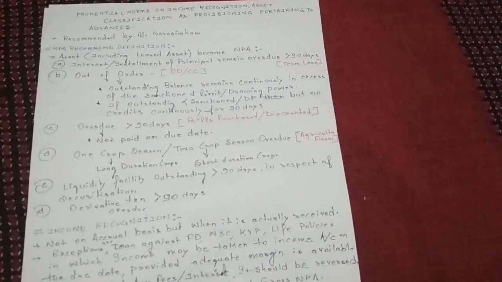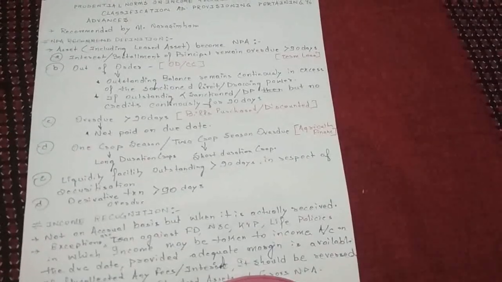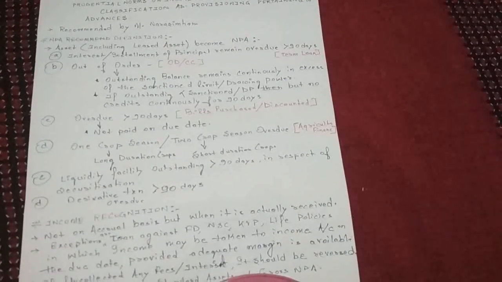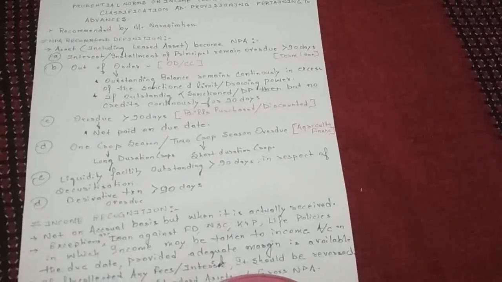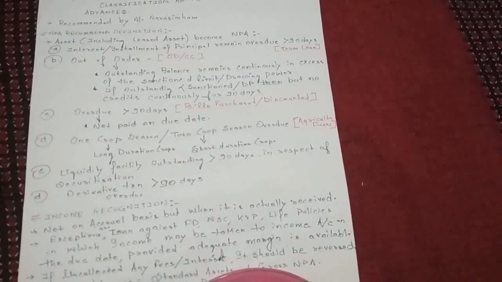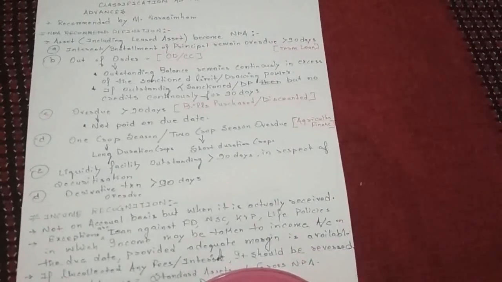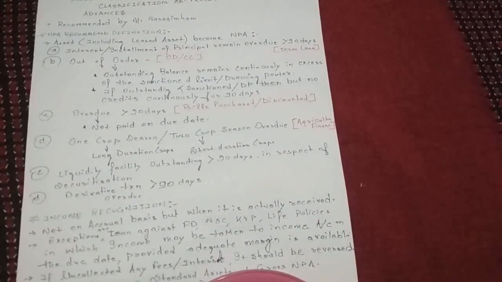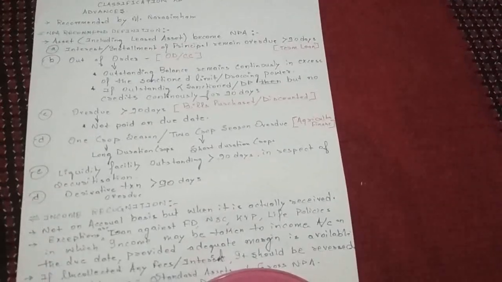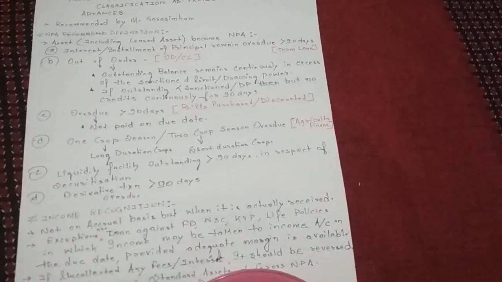Now next, for bills purchased or discounted, as we have discussed in the previous chapter as well, the banks purchase bills, discount bills or negotiate bills. Why? To liquidate. Let's say the person will receive the money after 6 months, but he needs money now, so he can sell it to the bank and the bank can give the money, but less than the actual bill amount.